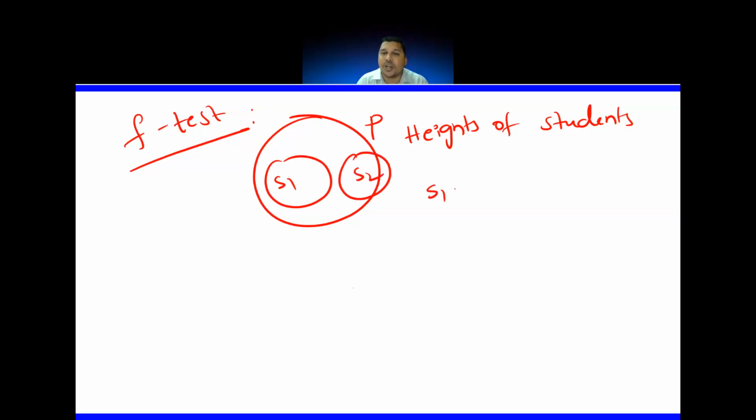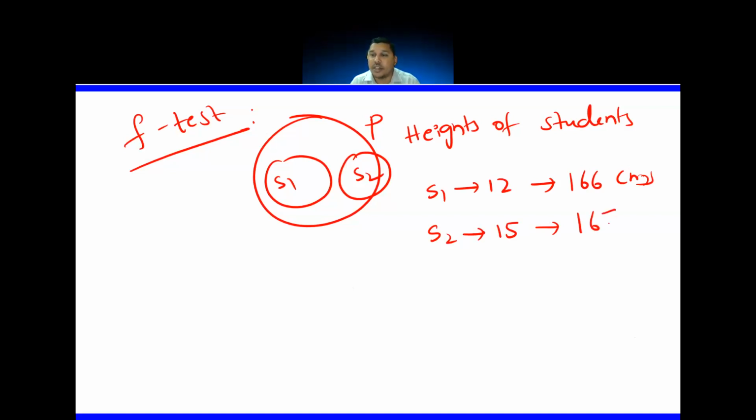You draw a sample S1 of 12 students, and you find the average height is maybe 166 centimeters. You have taken another sample of 15 students, of different size, and you find the average is around 167 centimeters. Assume, for example. So you have taken two samples, 12 and 15, and these are the results.